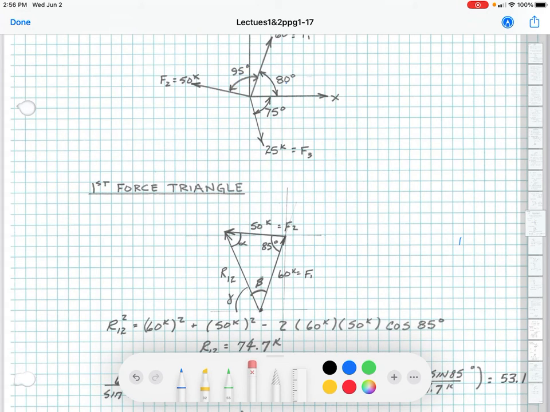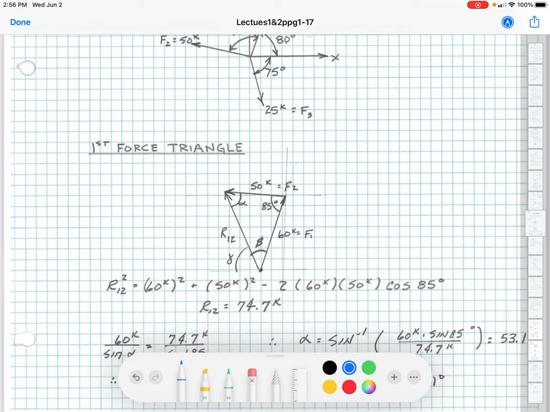That gives us 85 degrees on this included angle, the 80 plus that extra 5 degrees from right here. And it allows us to set up our force triangle. So you see that we have that 85 here, 60 and 50.